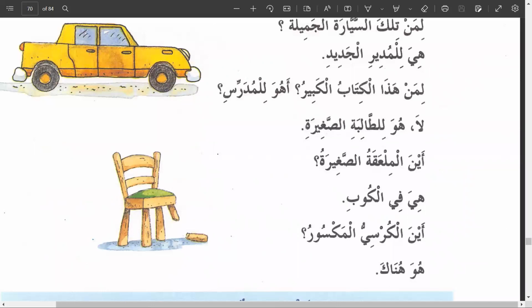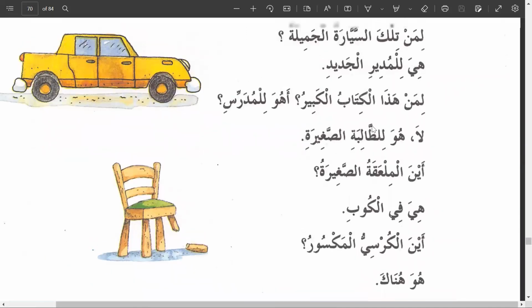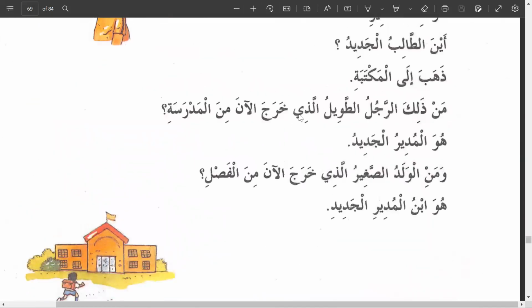But no, we don't have ism mawsul in these sentences. Let me show you what ism mawsul are. We just learned this allazi, which is a connector ism, and this is a new type of ism, right? And these kinds of ism are always proper. Okay, so let me show you.